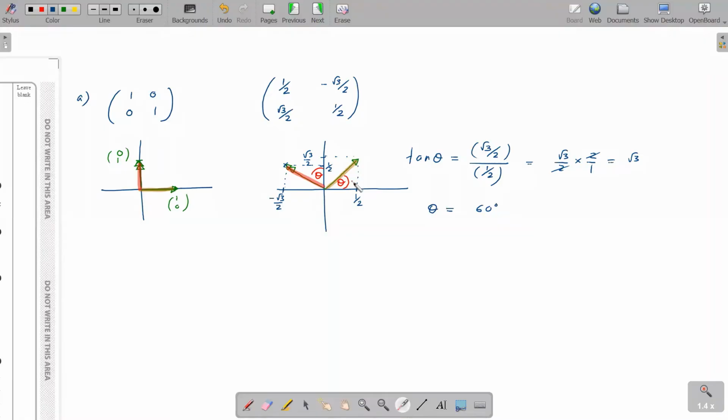So what has happened here? It's a rotation of 60 degrees anti-clockwise. Also have a habit of checking whether there is an enlargement. Now what do I mean by an enlargement? In the original diagram, the arrow is only 1 unit in length. When you are checking for the transformation, sometimes there might be an enlargement.